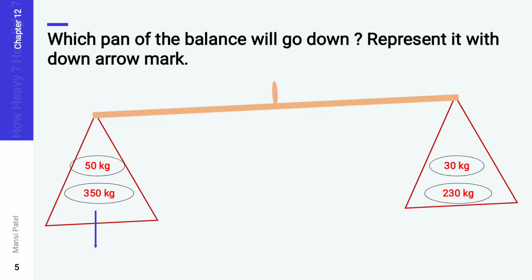Now another question is, if there is a similar measurement on both sides, if there is an equal measurement on both sides, then both are in balance. Both are in balance means no one goes down, both pans show equal.